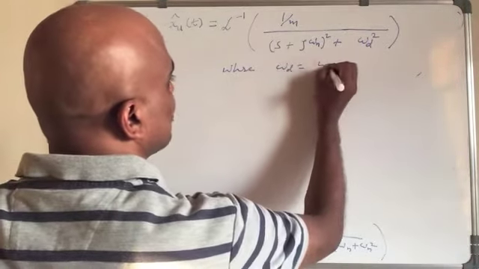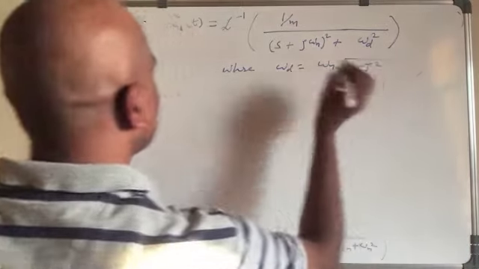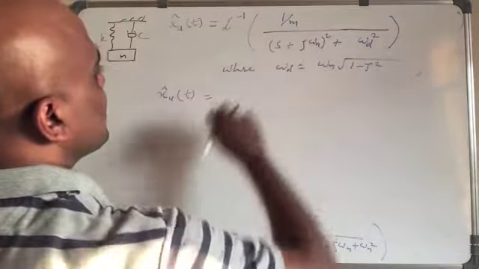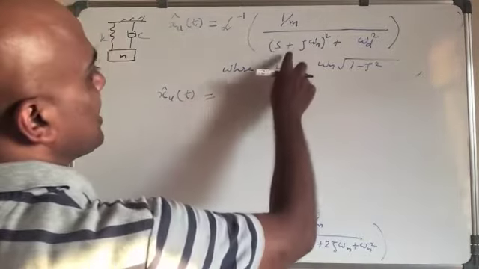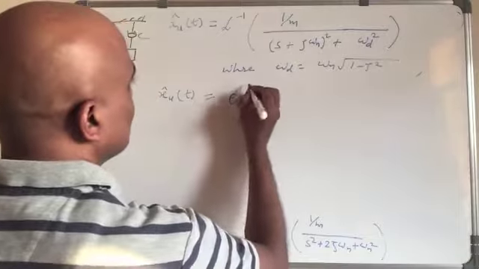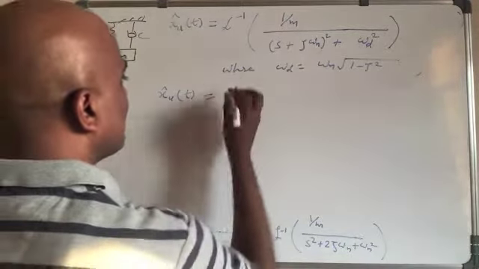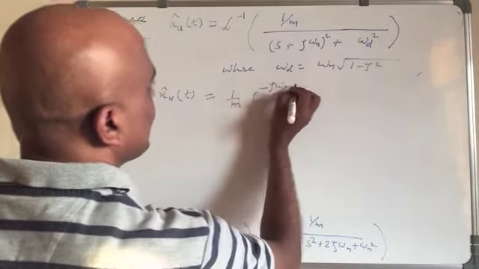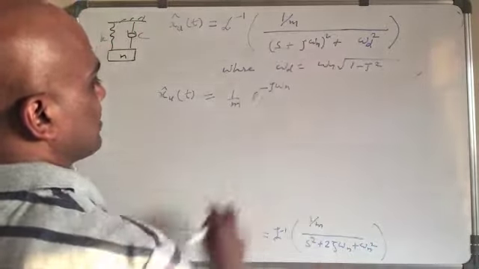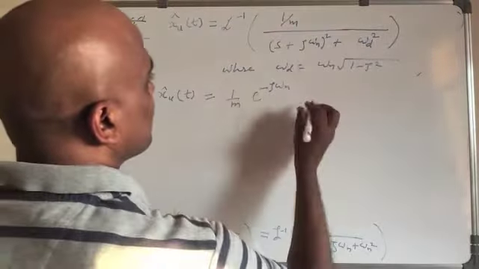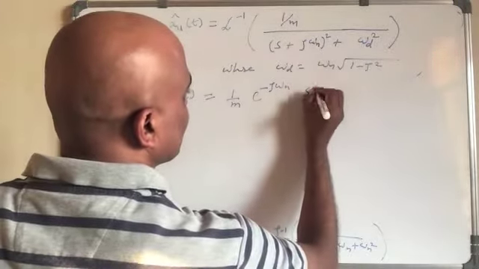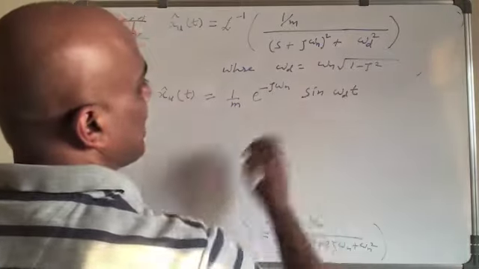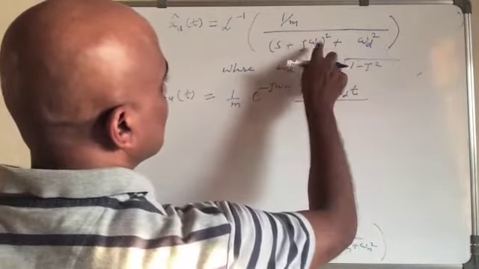where omega d equals omega n root 1 minus zeta square, and x hat u t simply becomes, if you look at that, we get the 1 over m term, then e to the power minus zeta omega n t, and for this term you get sine omega d t, and of course divided by omega d.